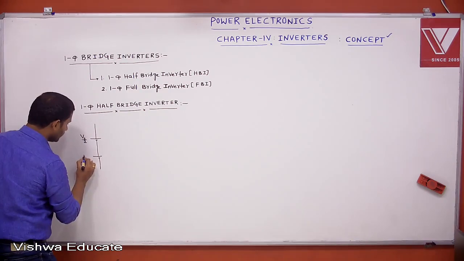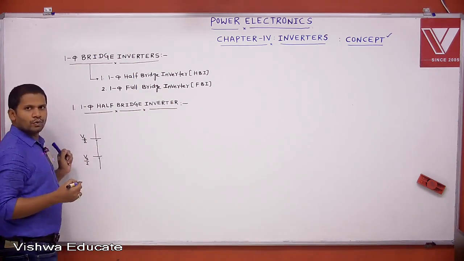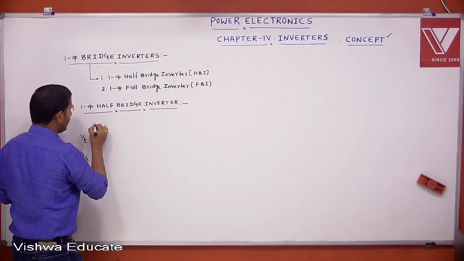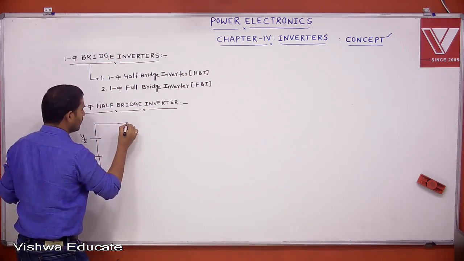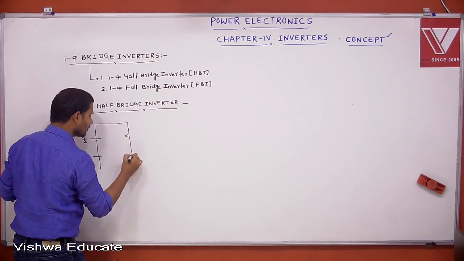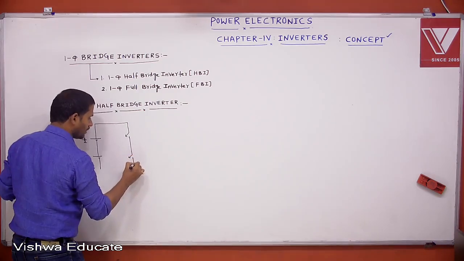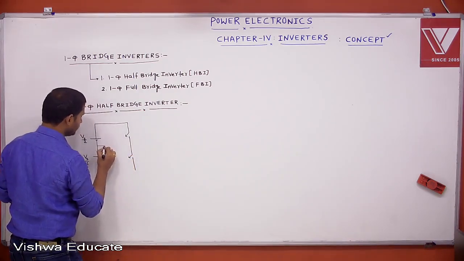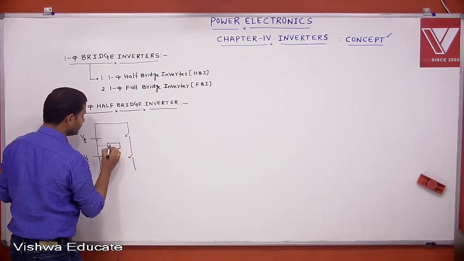This also Vs by 2. I am drawing a half bridge inverter. This is one switch, this also a switch arrangement. Here we are connecting the load.